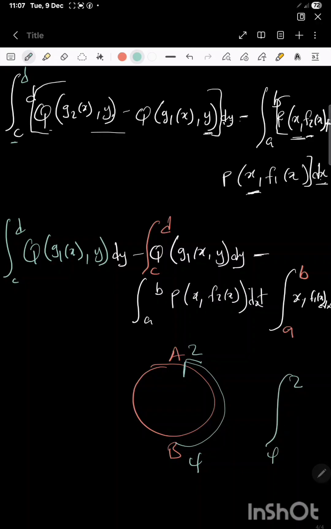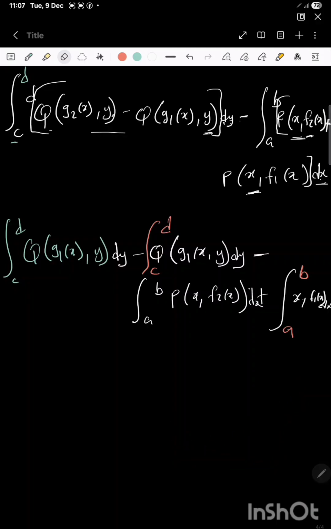Now if you decide to change the direction, instead of moving from B to A in the anti-clockwise direction, you decide to move in the clockwise direction, meaning that the limits will change to have a negative in front. So that's the concept you are going to use here.